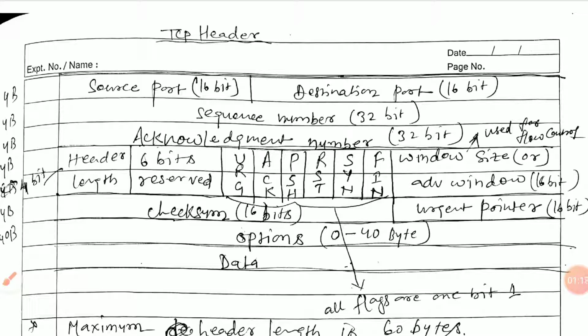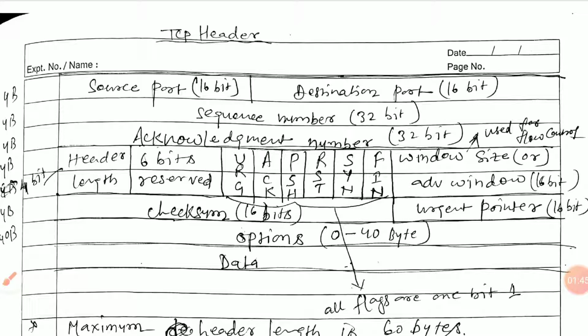Then there are 6 flags: URG flag, ACK flag, PSH flag, RST flag, SYN flag and FIN flag. Then we have window size or advertisement window. Then in the fifth row we have checksum and urgent pointer, then the option field, followed by your data or payload. So let's see the total size of the header.